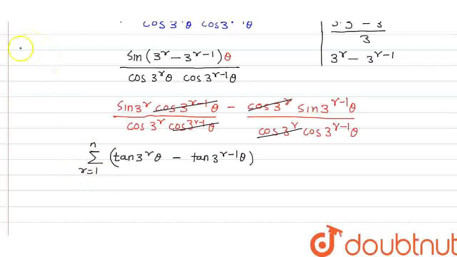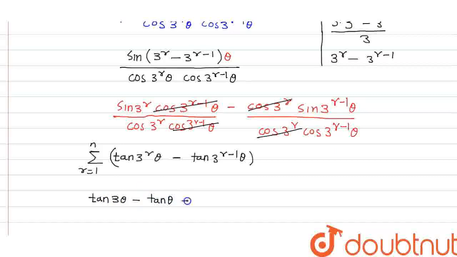If you substitute r is equal to 1, this becomes tan 3 theta minus tan theta.